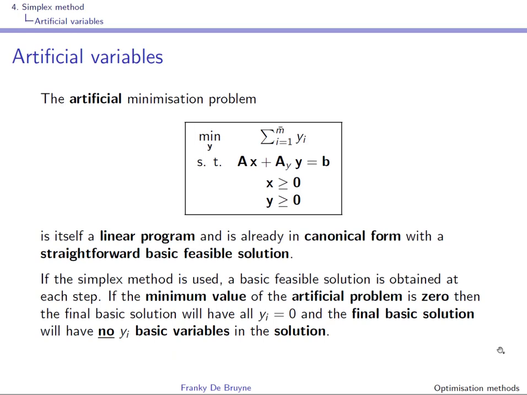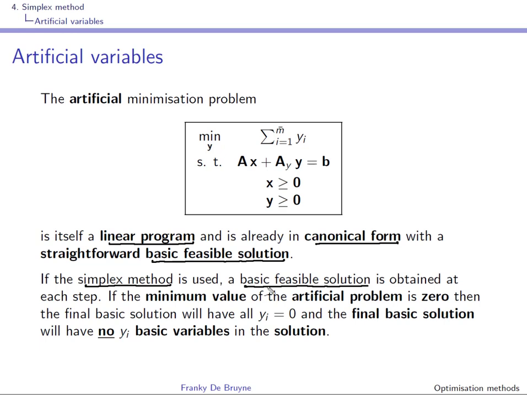Note that the artificial minimization problem that we have presented here is itself a linear program, and by construction it is in canonical form, and this means that it's easy to find a starting basic feasible solution. Obviously you will use the simplex method to solve this artificial minimization problem, and at each step you'll find a new basic feasible solution, and this will also be the case, of course, at the optimum.